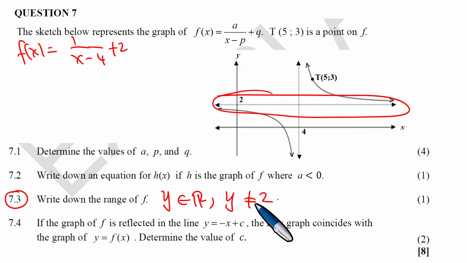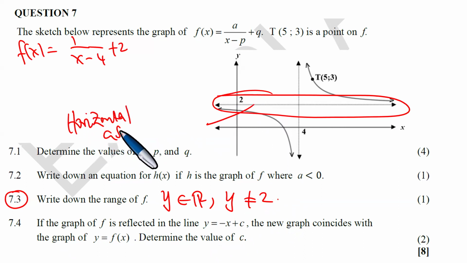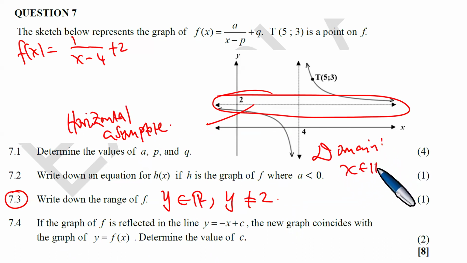We just restricted the horizontal asymptote, and we remove the horizontal asymptote from the real numbers. We say y must not be 2. The domain, they did not ask us the domain. Let us practice with the domain. The domain is also all the real numbers such that x is not 4.